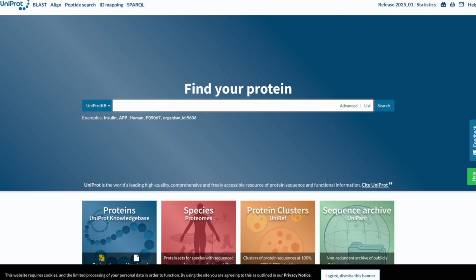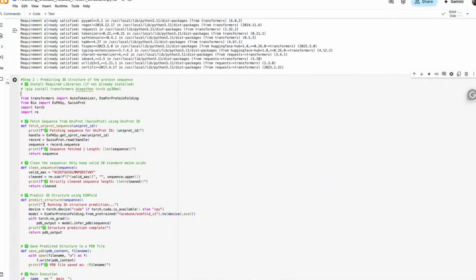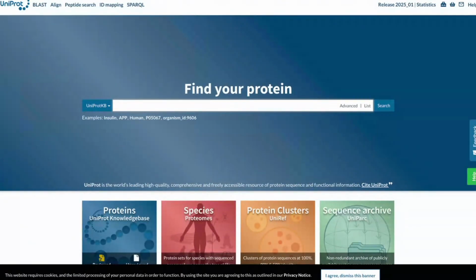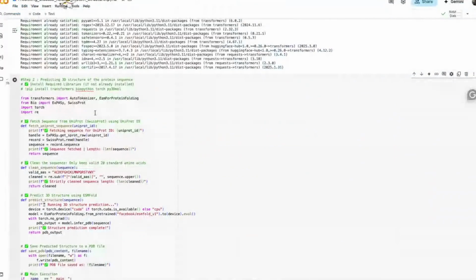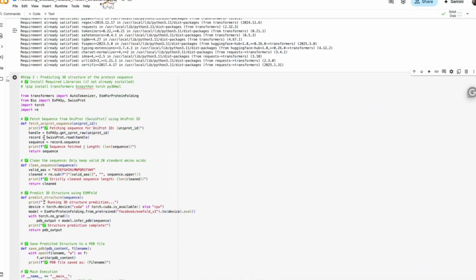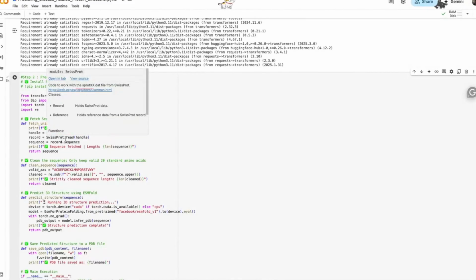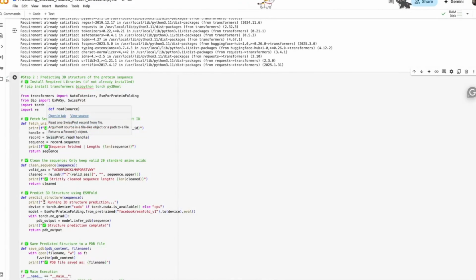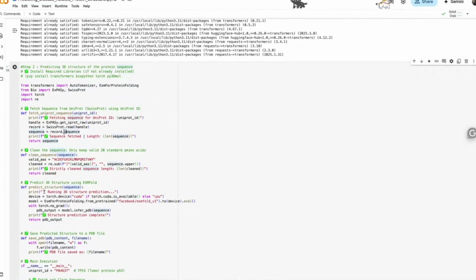I've almost performed a web scraping kind of function, where I don't have to go to the UniProt database, but can access it just from my block of code. This is why I've used SwissProt, because it contains functionalities like read and sequence, to get the specific UniProt ID from the package and then return the sequence.